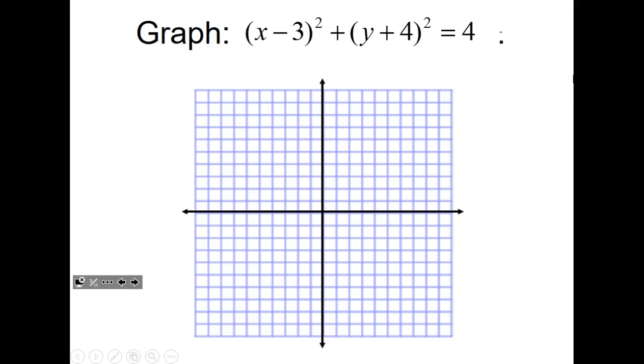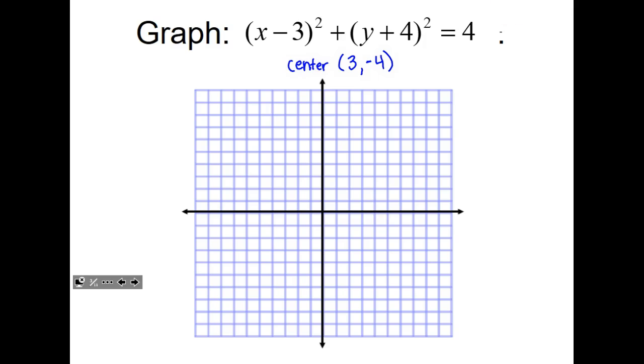If we have a problem like this, we have to graph (x minus 3) squared plus (y plus 4) squared equals 4. This one is already in standard form for a circle, so you don't have to do anything to it. So our center here would be at positive 3, negative 4.